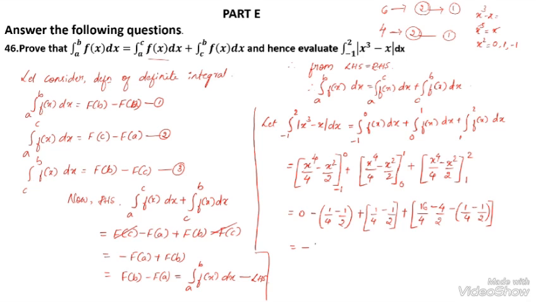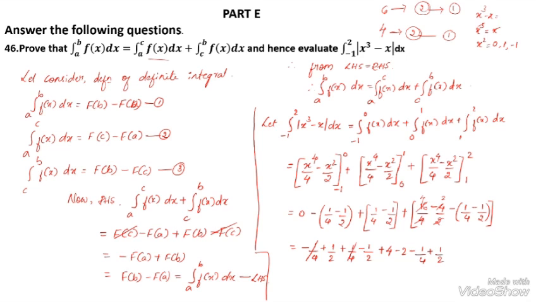Taking all the values here, minus 1 by 4, minus into minus plus 1 by 2, plus 1 by 4. Here plus into minus, minus 1 by 2, plus 4 fours are 4. Here 2 twos are 4, minus 2, minus 1 by 4, minus into minus plus 1 by 2.